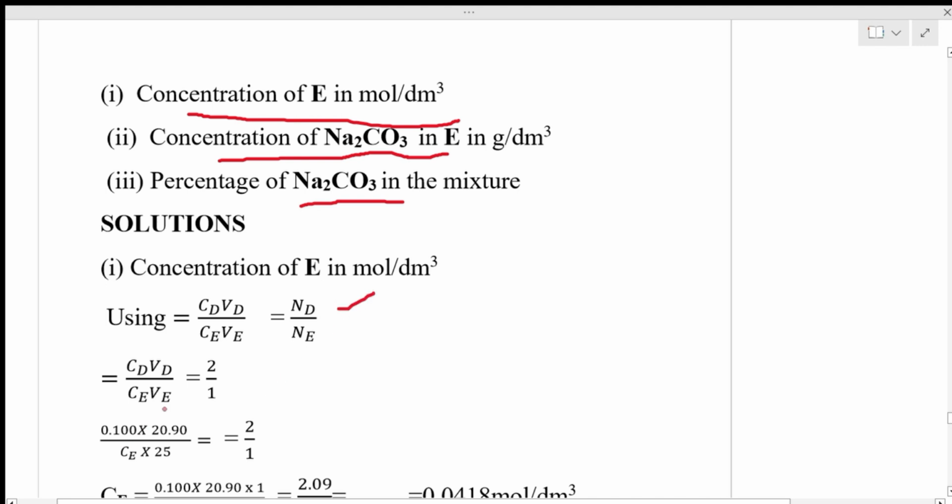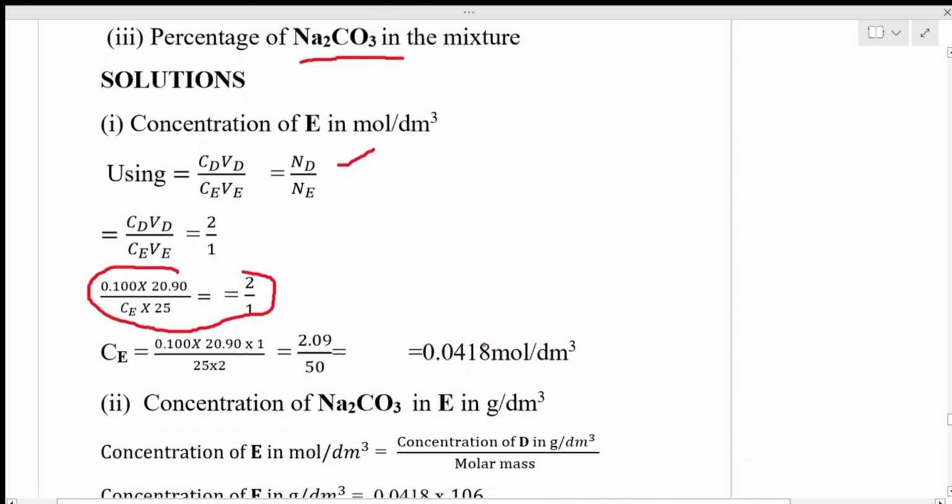This formula will give us this. We just substitute the value 0.10 times 20.80 over E times 25, and all of that will give us 0.0418 mole per DMQ of E, which is the base.